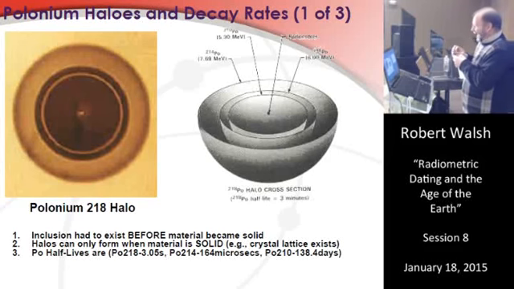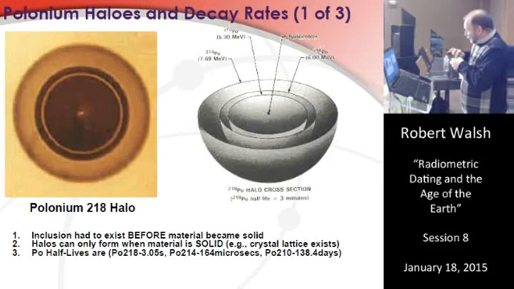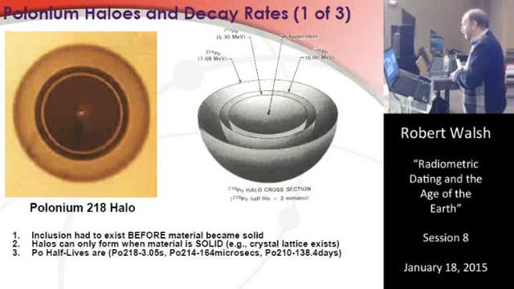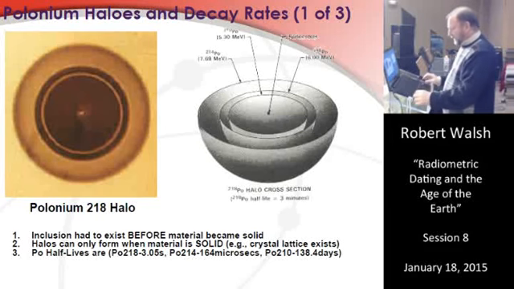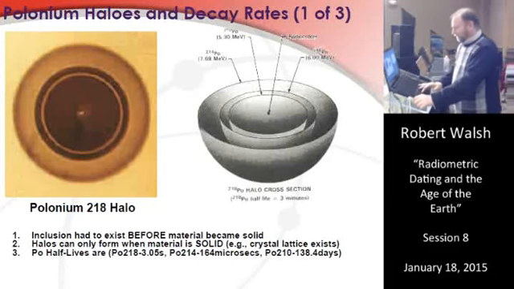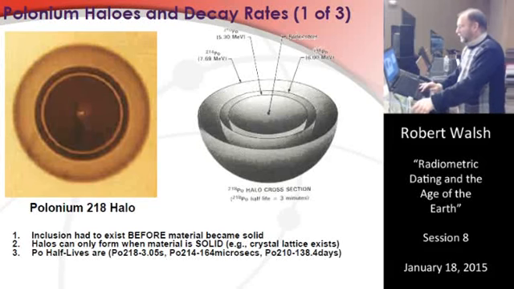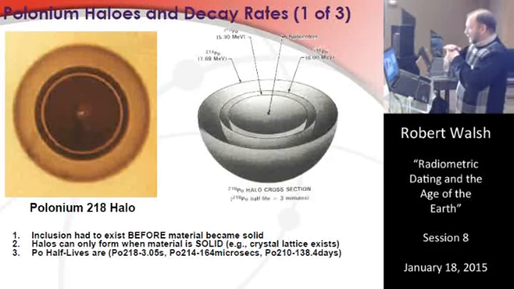As it decays, it rips through the material as it's moving, and it forms these halos, these spheres. When you cut these spheres open, you see these circles, and that's what we see here. The figure on the right is a three-dimensional view, and the figure on the left is a piece that's been cut.